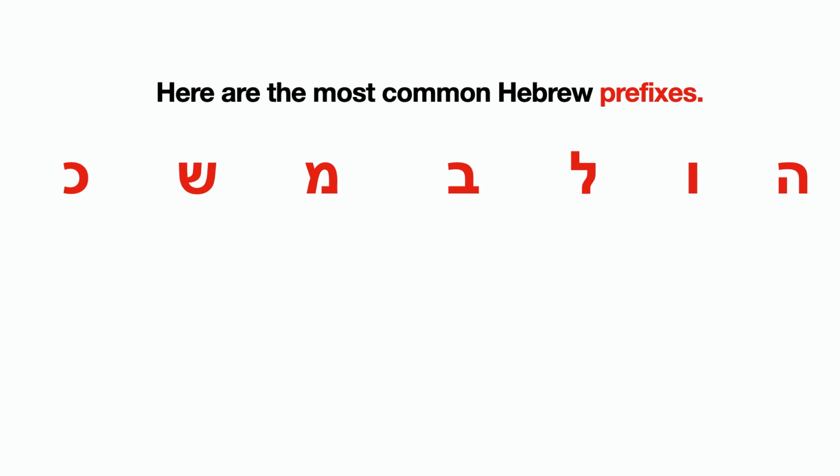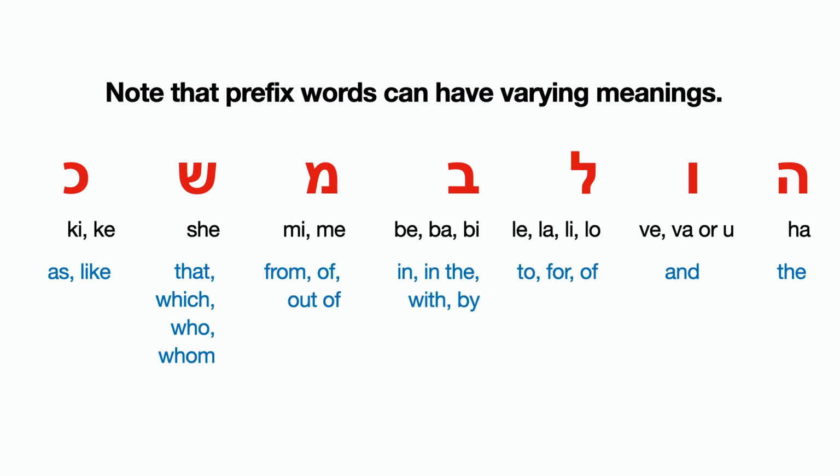So the examples that we just saw are the most common Hebrew prefixes, and there are 7 of them. These are the 7 most frequently used prefix words glued to the words that they modify. Please note that the prefix words can have varying meanings.